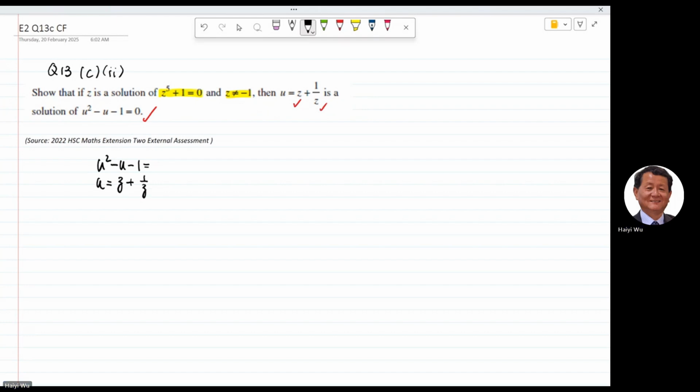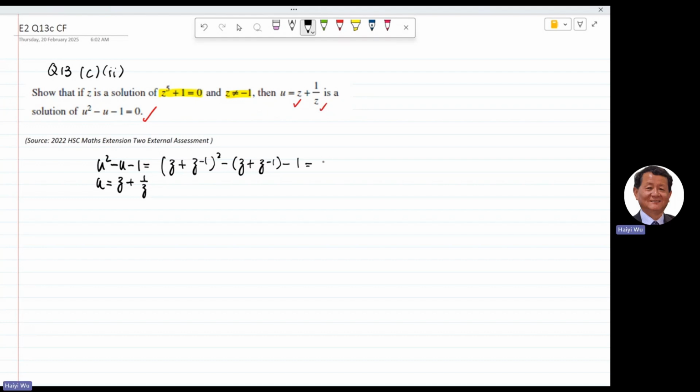Therefore we will achieve Z to the power -1 squared, minus Z to the -1, minus 1.